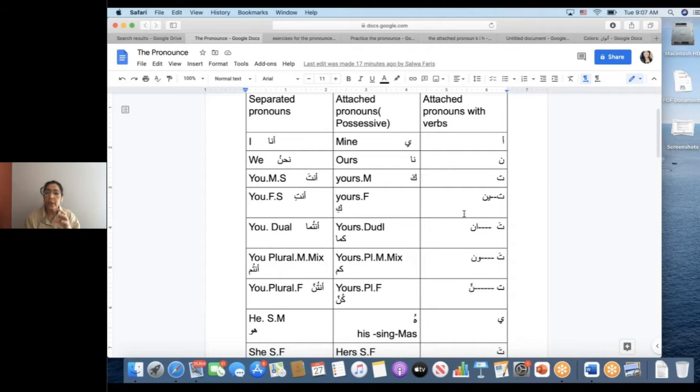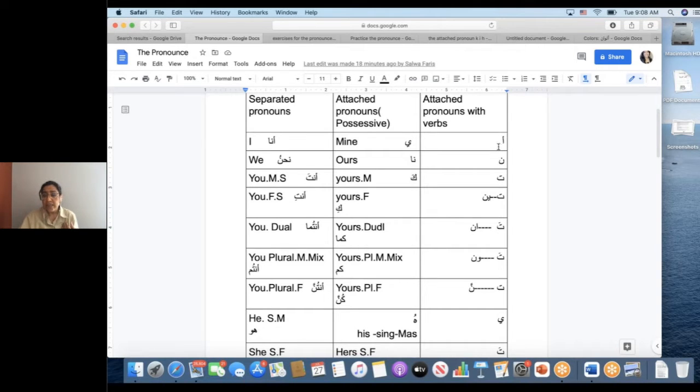You cannot bring the past tense and create the future, it's gonna be very difficult. But you have the present tense, then it creates the future tense. This is something you're gonna work on in 122. So ana, I, with ya added at the end of the noun, it's gonna be mine.